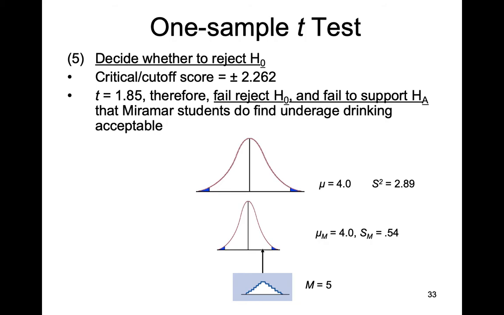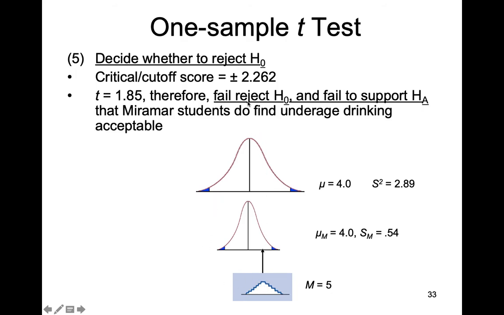Okay, so a sample of 10 students could be sampled from this population and get a mean of 5, and that is not so unusual at all. So that's very probable, even if the null hypothesis is true. Okay, so we don't have enough evidence here to reject the null hypothesis.